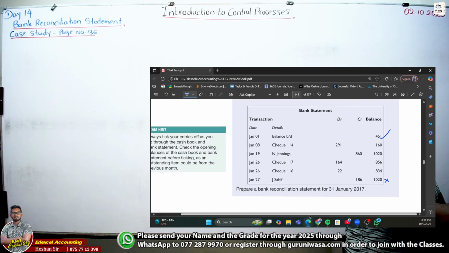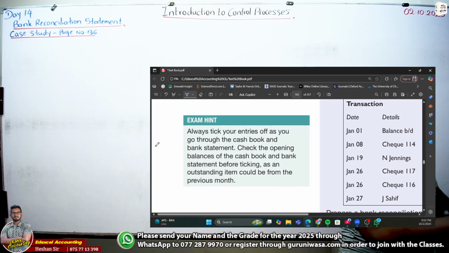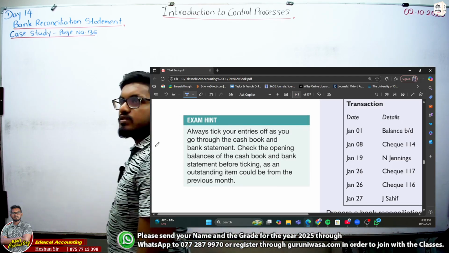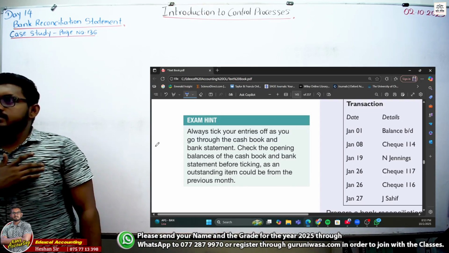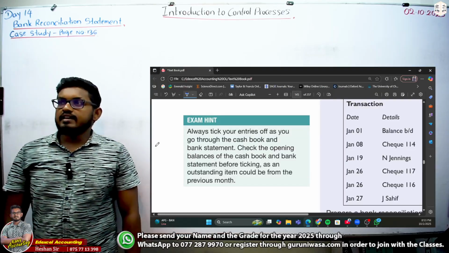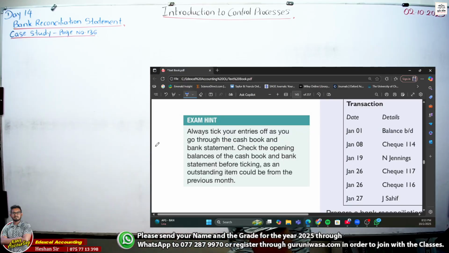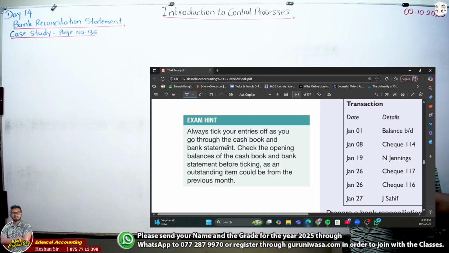There's a hint. Exam hint: always tick your entries off as you go through the cash book and bank statement. Check the opening balance of the cash book and bank statement before ticking, as an outstanding item could be from the previous month. In here there is no outstanding item from the previous month.